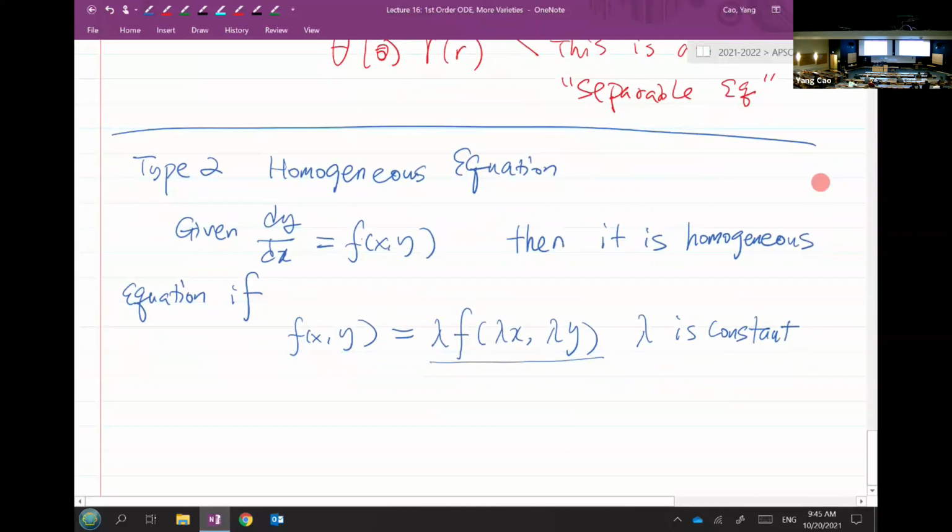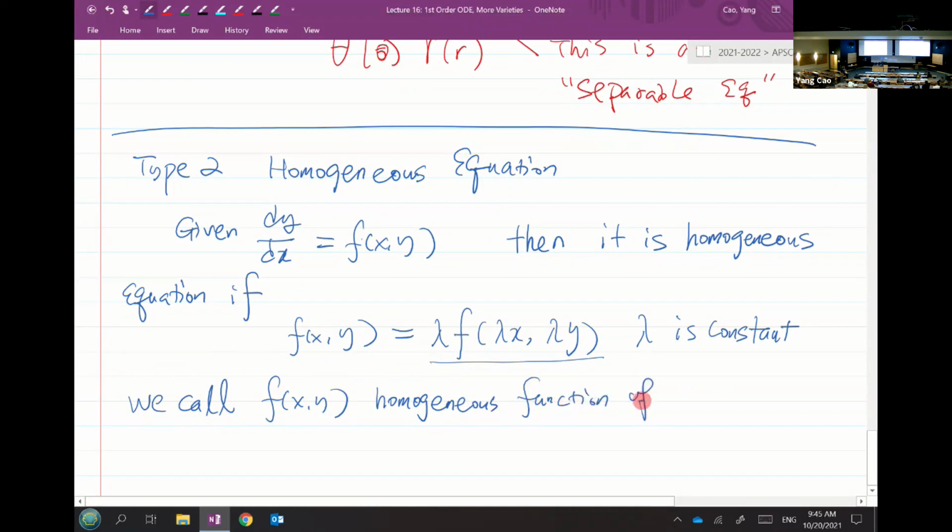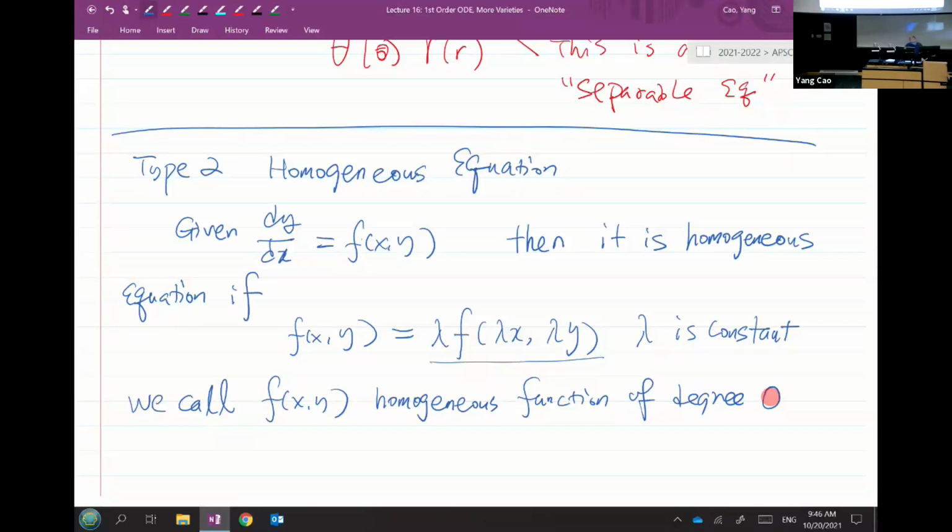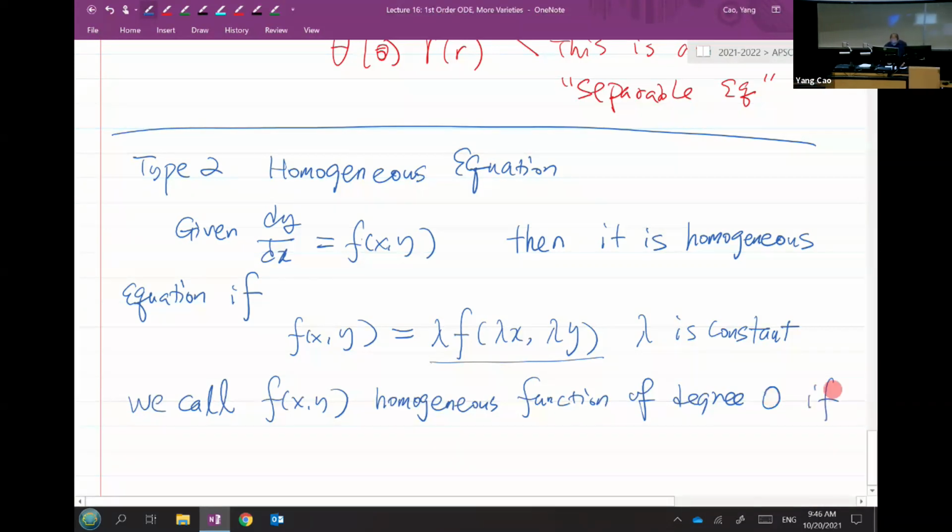And the name actually comes from the format of the function here. So we call this type of function a homogeneous function of degree 0.